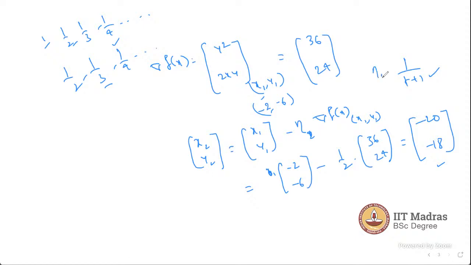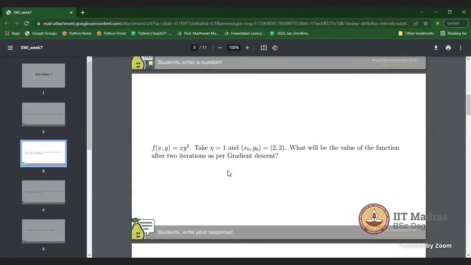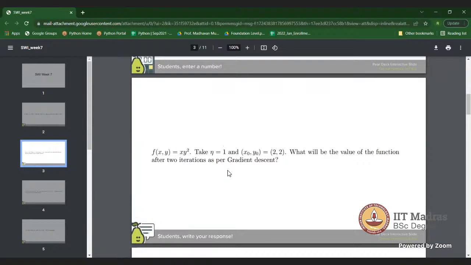But in the question I guess it was given eta is equal to 1, not 1 upon t plus 1. I think it is saying to keep it constant in every iteration, because there were questions in AQs and practice questions in which eta was given to be 1 upon t plus 1.